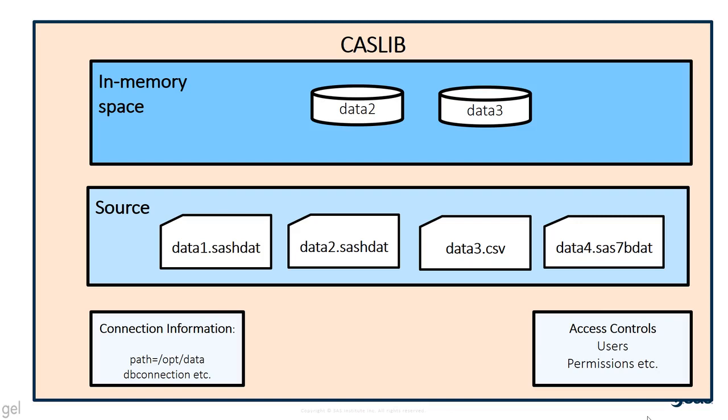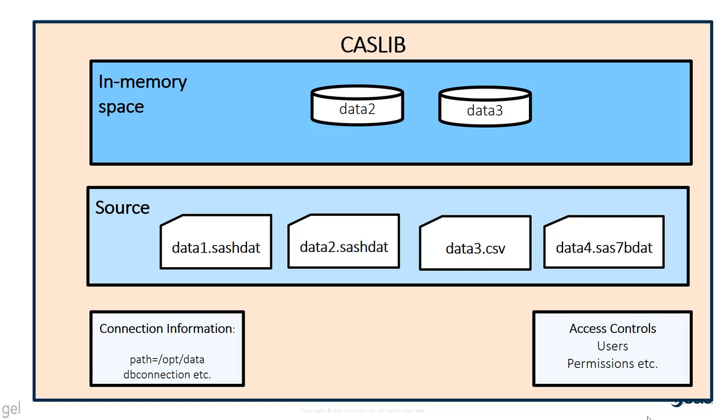What the CAS lib also contains is the connection information to the data, so where the source is basically. In our case, if it's a path-based CAS lib, that's just a path on the file system. So the connection is, in this example, /op/data. But we have a whole other different sets of CAS libs that we'll go into in detail in the data management section. Database CAS libs, Hadoop CAS libs.